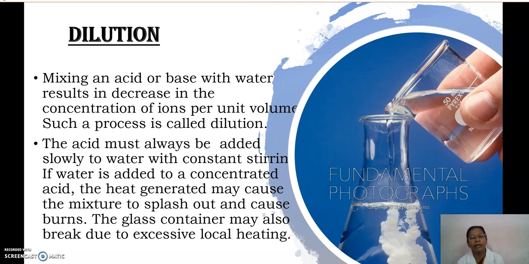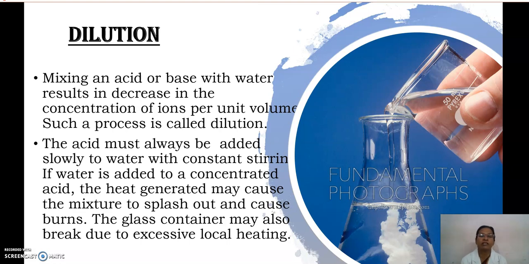This is the same in the case of bases also. In the base, OH minus ions are there, sodium hydroxide or potassium hydroxide. In a concentrated solution, the number of OH minus ions is more. But when you add water into it, the number of OH minus ions per unit volume is decreased.